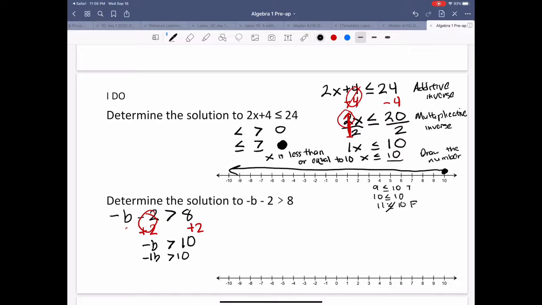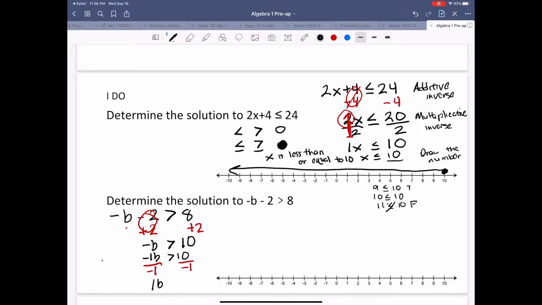And we're almost done. So at this point, you're going to do the inverse to get rid of that negative, because we need a positive 1 there. Divide by negative 1. Divide this by negative 1. Negative 1 divided by negative 1 gives you positive 1b.